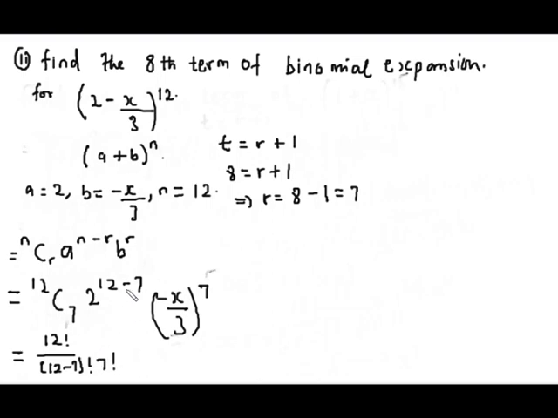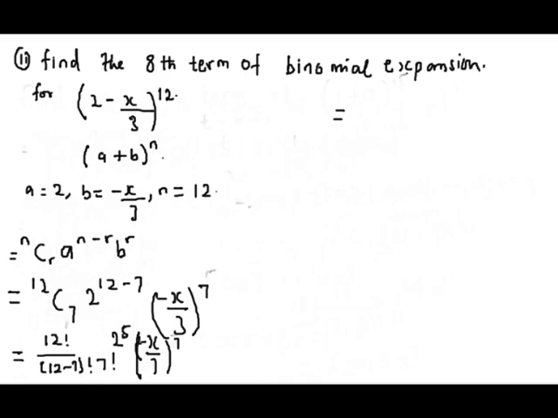Then this 12 minus 7 here is 2 to the power of 5, and then we have minus x over 3, to the power of 7. This is congested here, so let me clean this up to have space. If we simplify these terms, this should be equal to 12 factorial divided by 5 factorial times 7 factorial. Now 2 raised to the power of 5 is 32, so we have times 32.